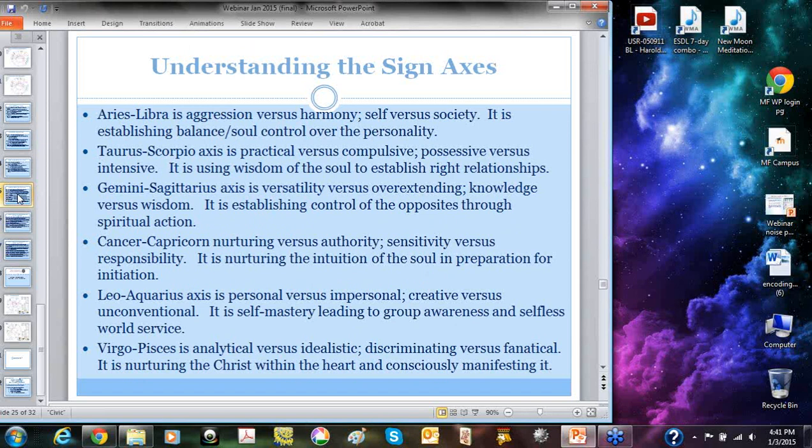Aquarius is the impersonal, or the group. Virgo is analytical. Pisces is idealistic. So in an axis, you always have a similarity in energy, but yet it's opposite in its expression, and it always is important to work on understanding the harmony between the two signs in an axis.